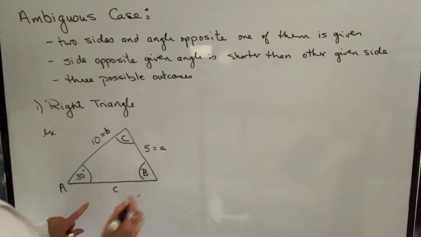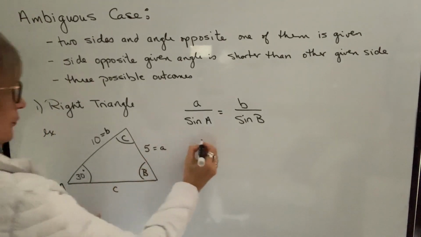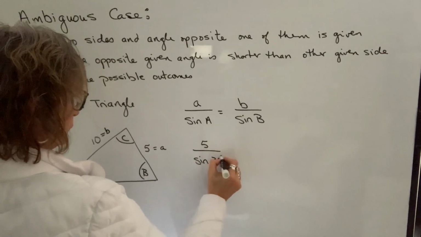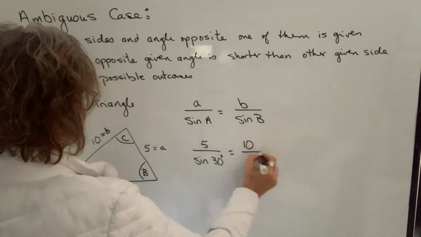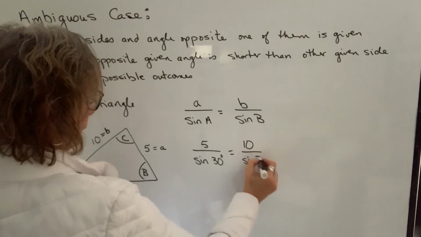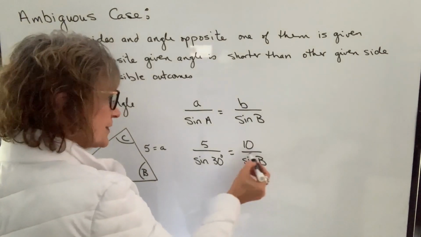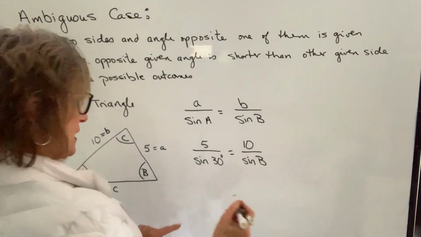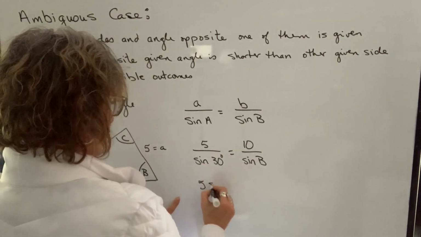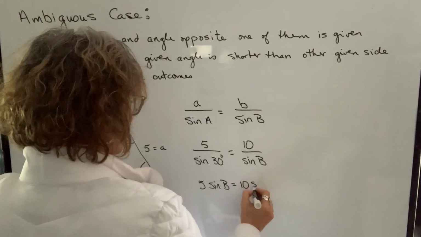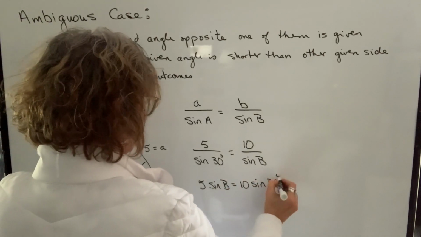So we're going to start off plugging in the information we know. We're going to cross multiply. First of all, we're going to solve for sine B, and then we're going to find B. So we're going to get 5 times the sine of B equals 10 times the sine of 30 degrees.